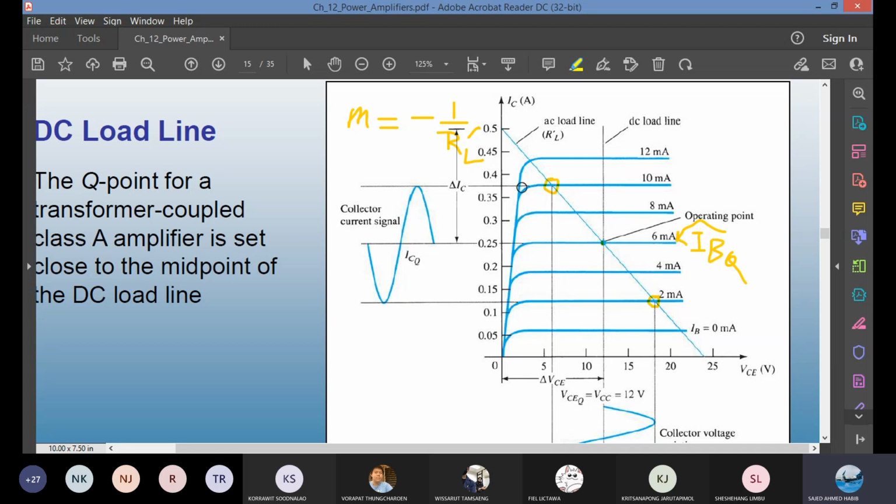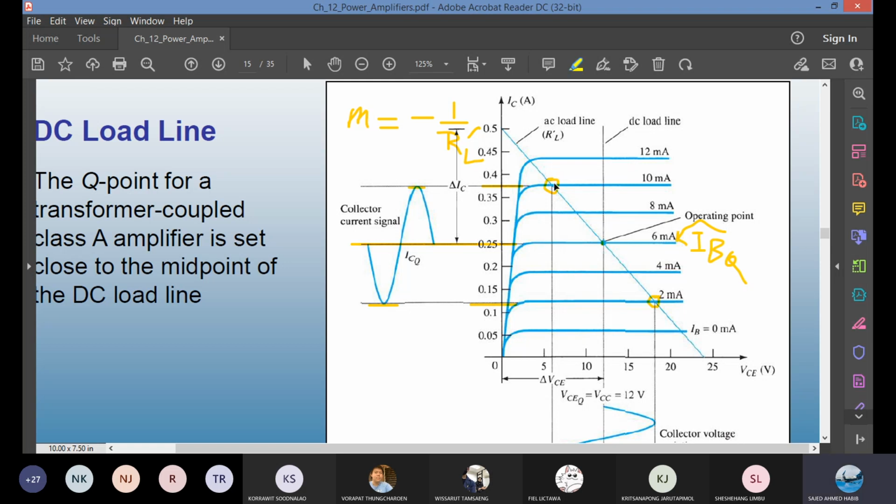Those are your endpoints. From the endpoints, you project the line here. ICQ was just in the middle. So where is the swing? From the middle ICQ, the top swing is here, the bottom is here. IC max, IC min.